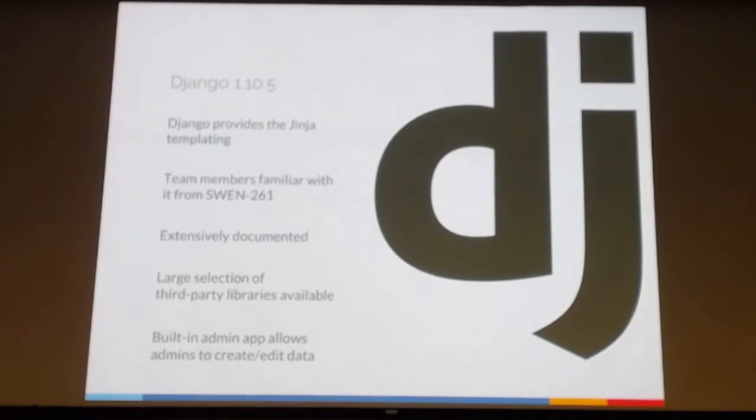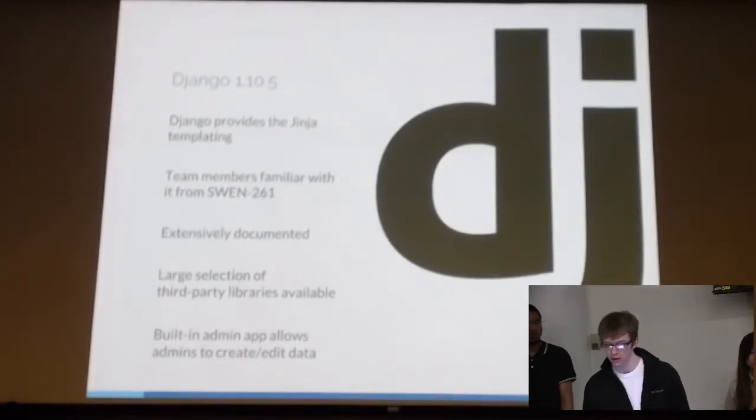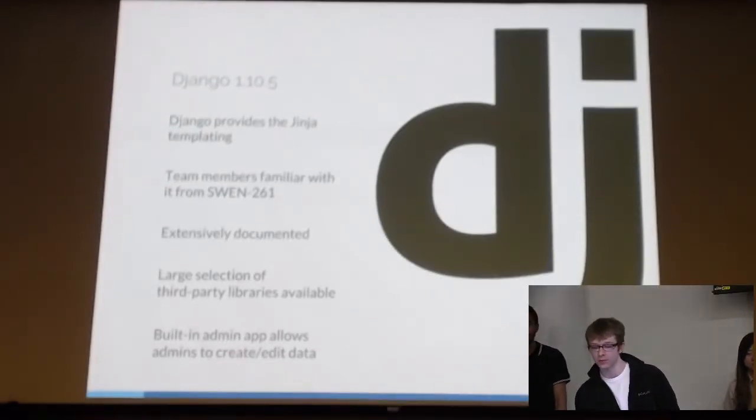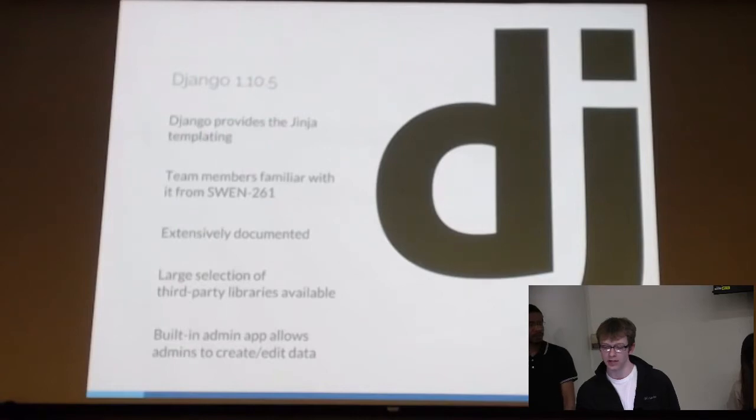The primary reasons for this are the large selection of libraries available, and because one of those libraries is the admin app, and one of the primary features of the website is to be able to hand it off to our sponsor at the end of the project and have him be able to create objects without going into the code.